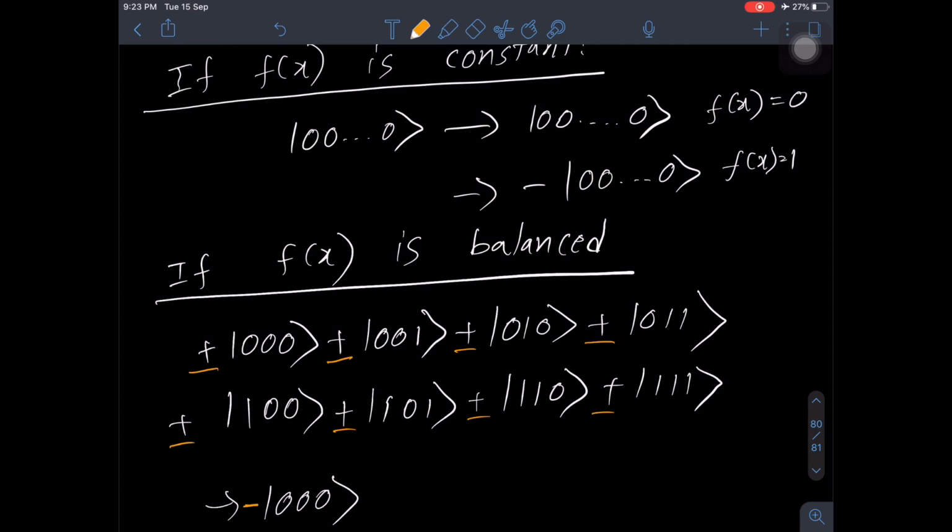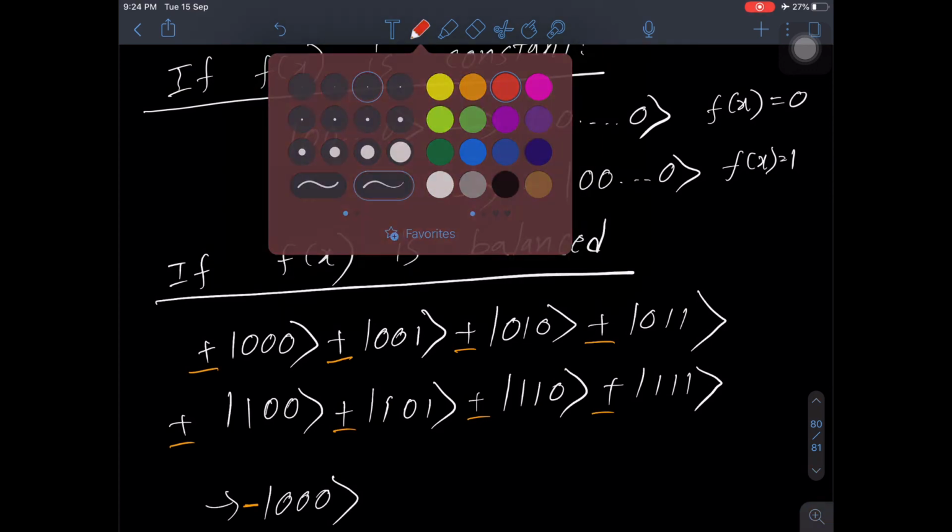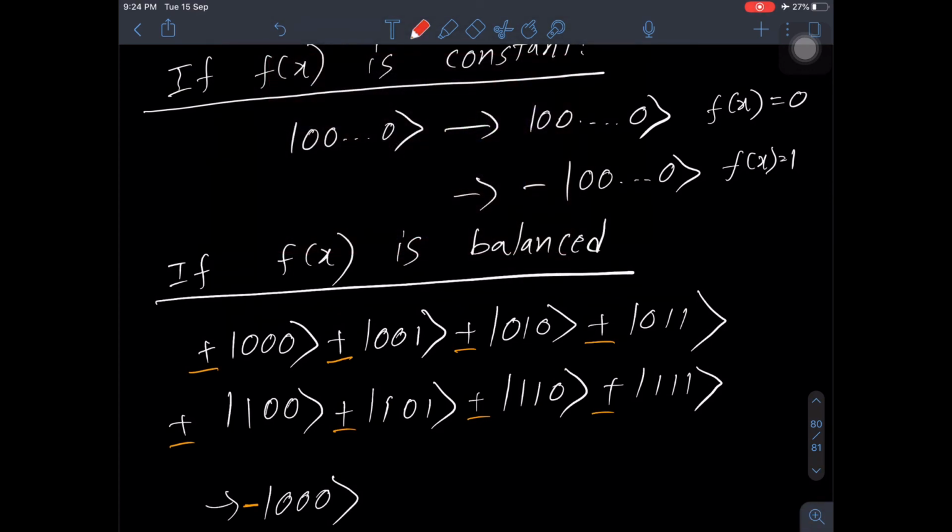But if it were balanced, then what happens? Let me use the red color. Then half of them will be plus and half of them will be minus. So let's say that this one is plus, this one is minus, this one is minus, plus, minus, plus, plus, and minus, the red ones. Now if you act with the Hadamard gates, you're not going to get the 0 states.